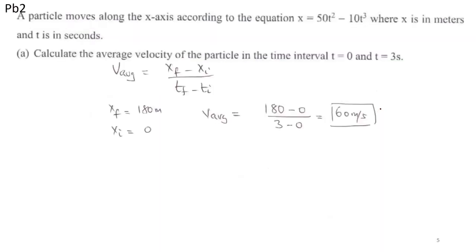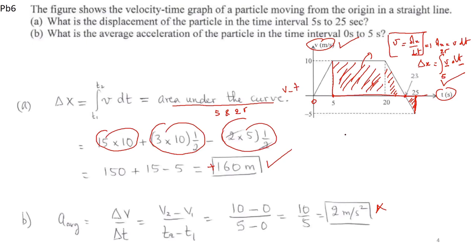Let me remind it here, maybe. You see, I start from x. I take the derivative of x with respect to time. This gives me velocity. And this is a slope. Slope of what? A position time graph. If I have a position time graph, the velocity is a slope. Now, if I take the derivative of this, I will get acceleration, which is the derivative of velocity with respect to time.